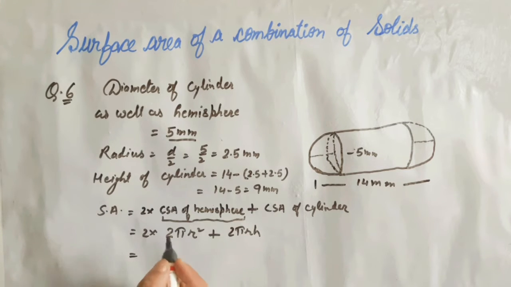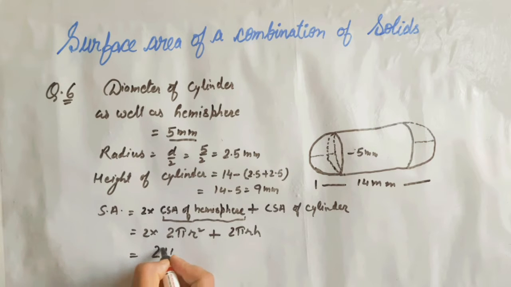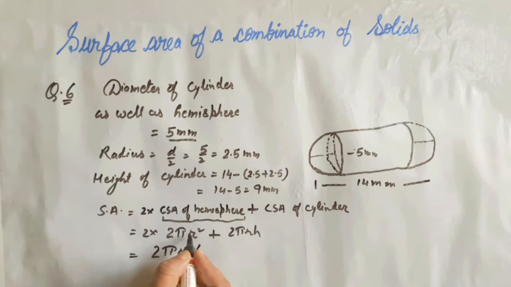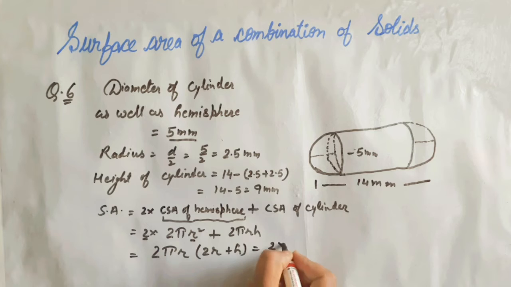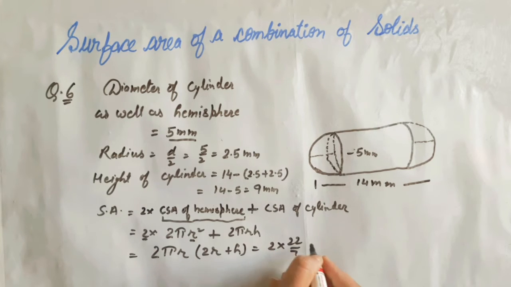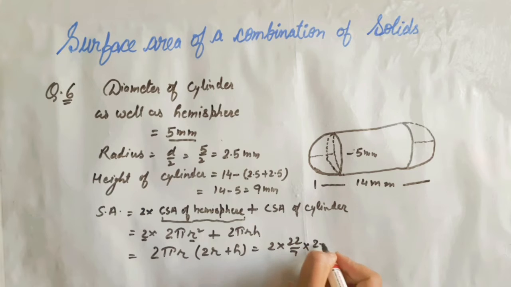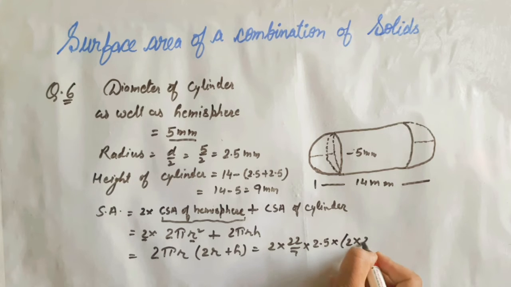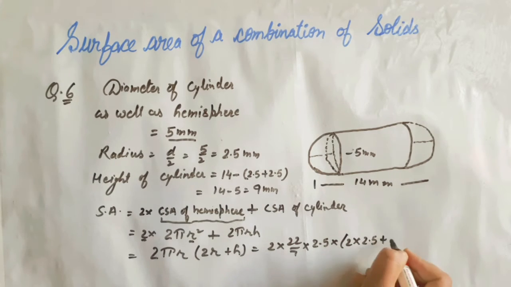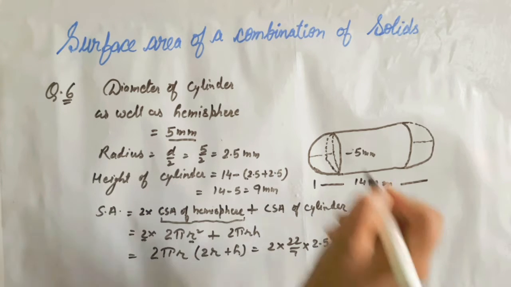So here you know 2 pi and 1 r, they are common, so you can take it common. 2 pi r is taken common. Inside we have here 2 and 1 radius is left, so 2r plus h. Now simplify it. 2 into pi is 22 upon 7, radius 2.5, and inside the bracket we have 2 multiplied by 2.5 plus 9. Height is 9.